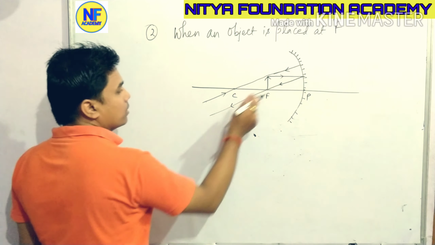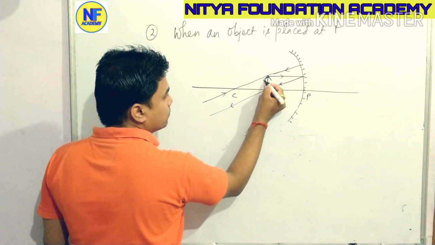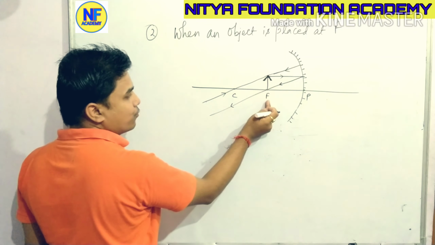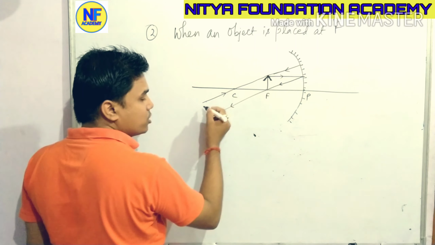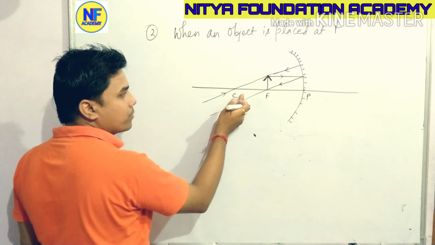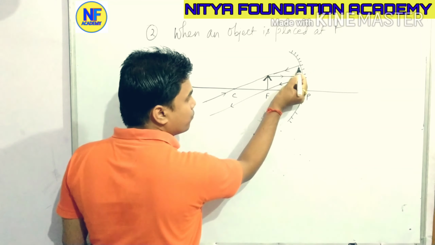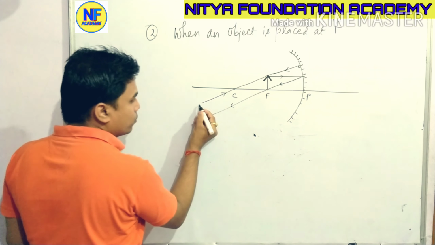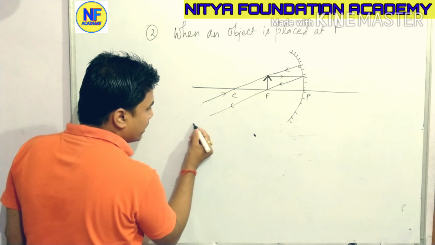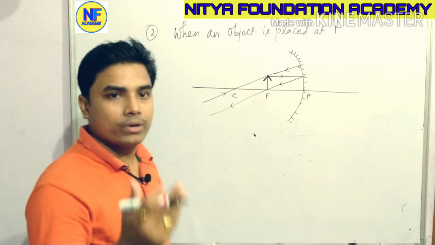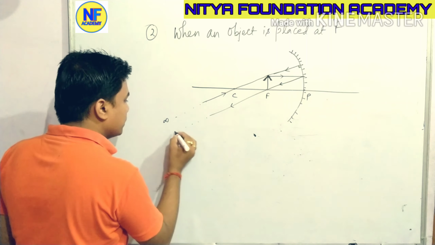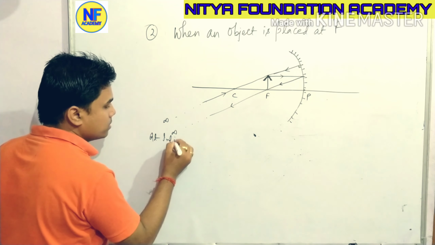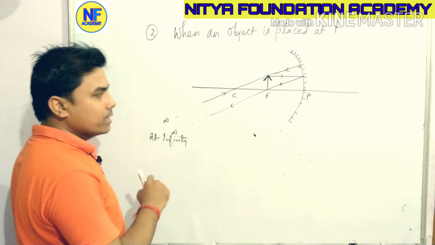So here you can see that this ray which is coming through the center of curvature, after reflection, because it is forming an angle of 90 degrees, moves back in the same direction. Therefore these rays will be able to meet at infinity. So we can assume that these rays will meet at infinity.